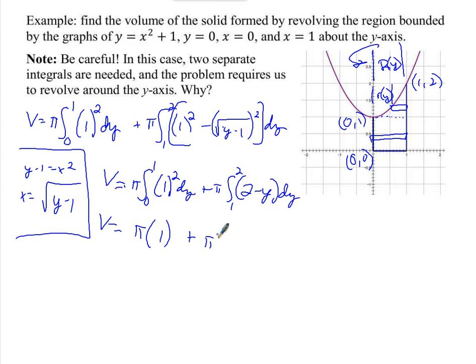Plus pi. Can't do that on this one. I'm going to have to actually do some work: 2y minus y squared over 2. Okay. Well, that's pi. Plus pi times.